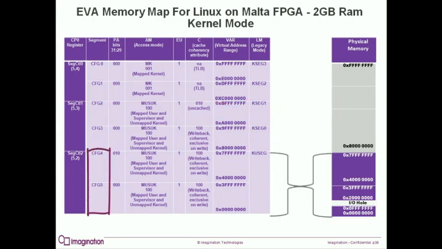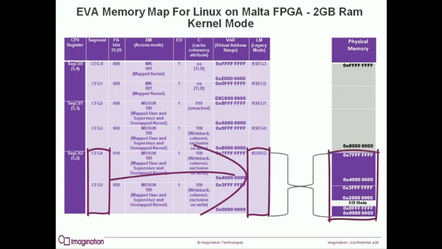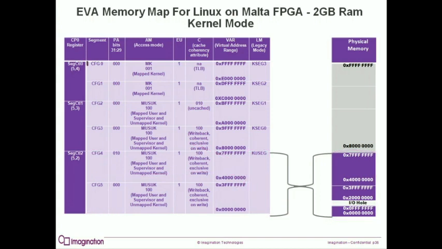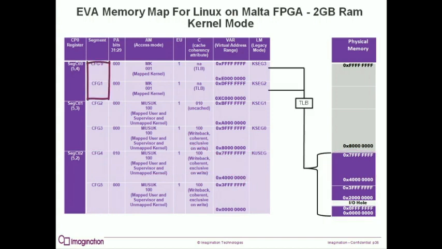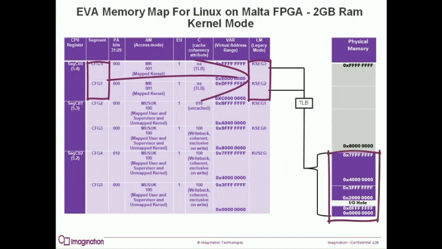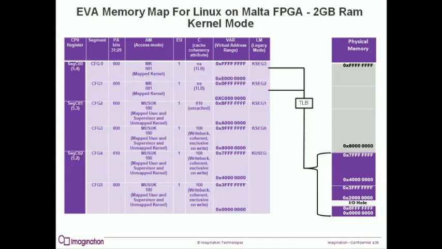Segments CFG5 and CFG4 correspond to the old KUSEG region and are directly mapped to the lower 2 gigabytes of physical address space, encompassing the 2 RAM memory blocks and the I/O space. Segments CFG1 and CFG0 correspond to the old KSEG2 and KSEG3 regions and are both mapped through the TLB.